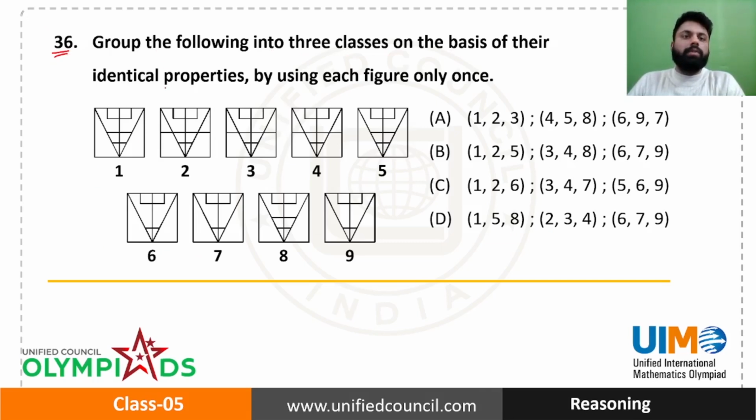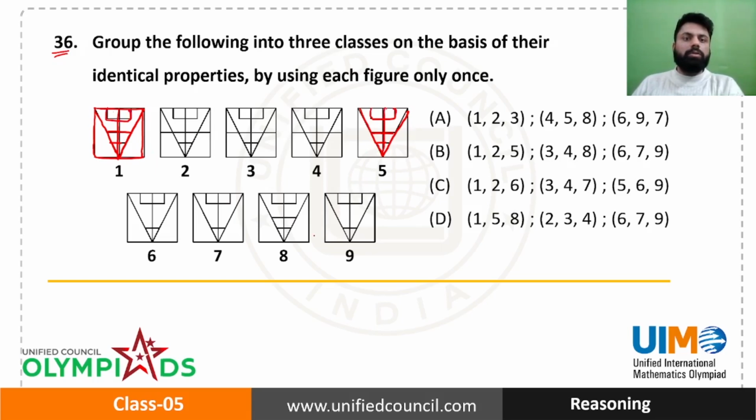Group the following into 3 classes on the basis of their identical properties by using each figure only once. So if we just look at this shape, let's make the group for this one. There is this square, this rectangle, then there are 2 lines like this, which is here also, one vertical line, and then like this.